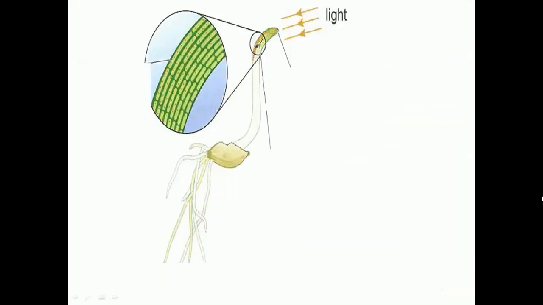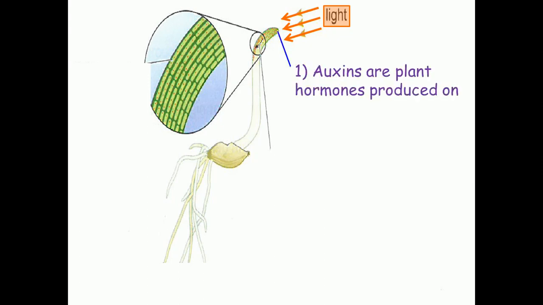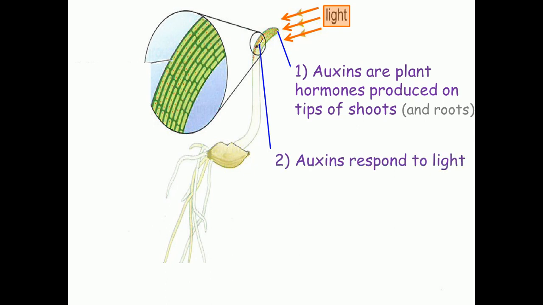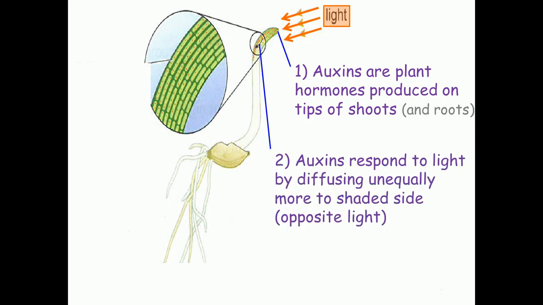To summarize, first you've got light from a certain direction. You've got auxins, the plant hormones, produced on the tips of shoots. They could also be produced in the tips of roots, and they respond to the light by diffusing unequally, more to the shaded side, the side opposite the light.